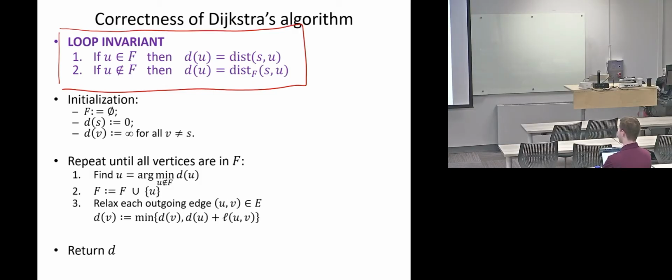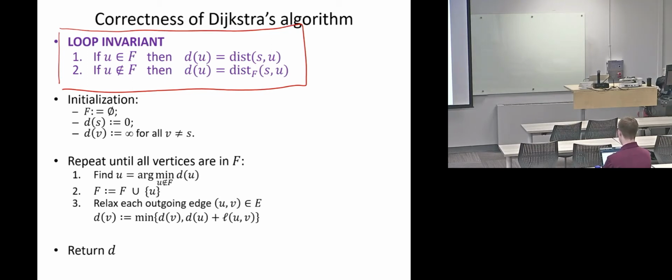Then the algorithm is correct, because at the end of the day, everyone is finalized, and we return our estimate D. But the loop invariant says that everyone that is finalized has the real distance, so the estimate is correct. So this loop invariant is useful to prove. Now let's try to prove it.